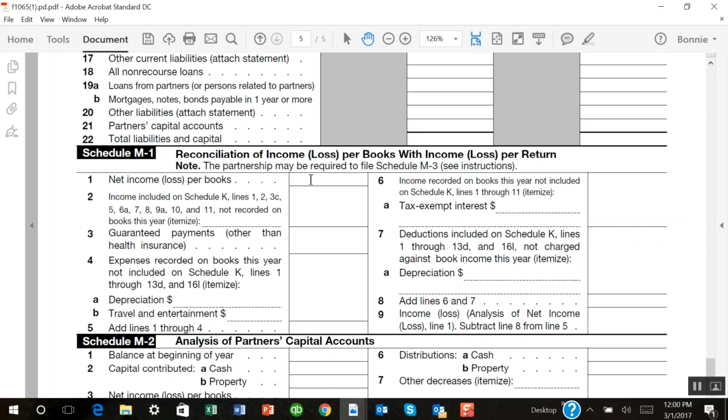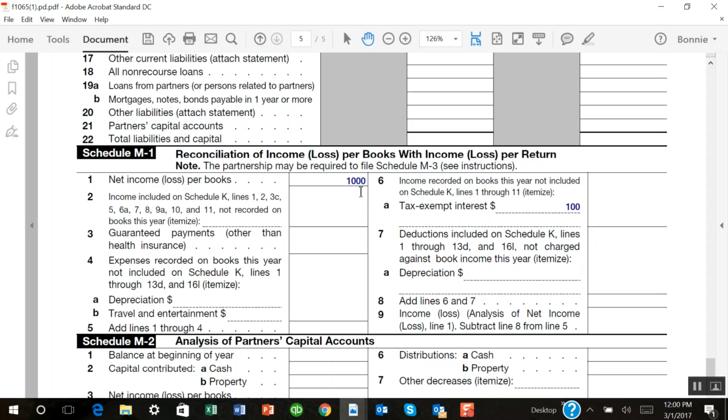Everything that's on the books in sum goes on line 1. So let's say if I have net income per books of $1,000, and included in that net income per my books is some tax-exempt interest income of $100. So really, I have $900 of book income other than interest income, plus I have $100 of interest income.